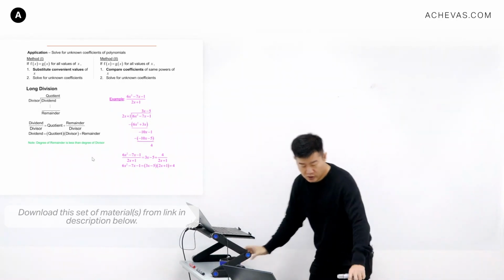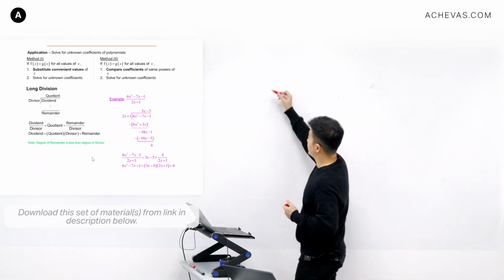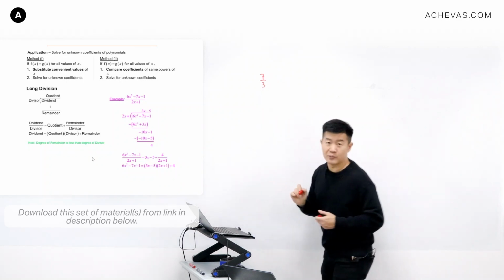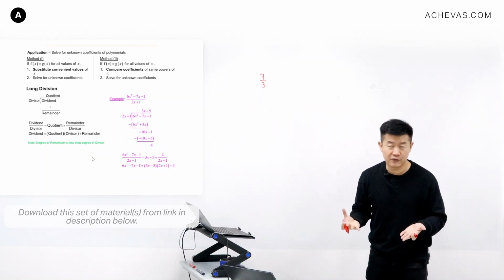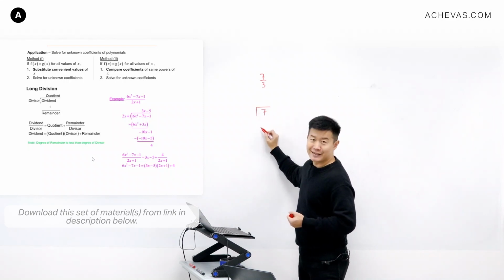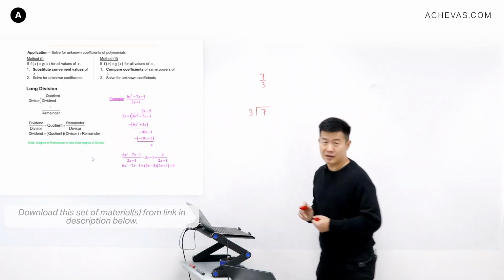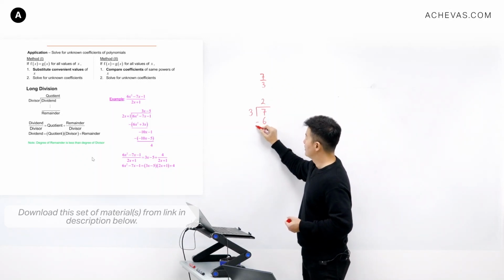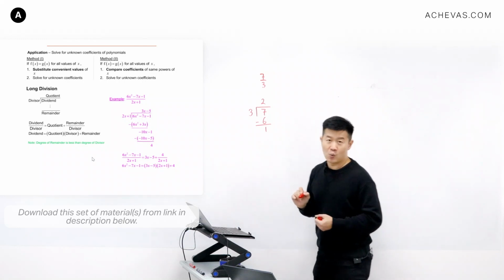I'm going to write it as a fraction. So 7 divided by 3. How do we do a division for this? If I were to just go back to the basics, 7 divided by 3 is going to be 2 here. 2 times 3 is 6. And I will be left with a 1.